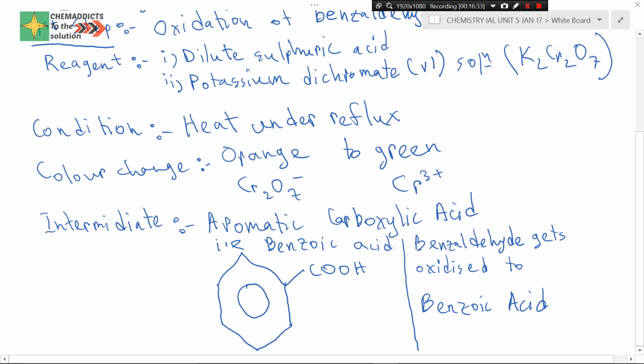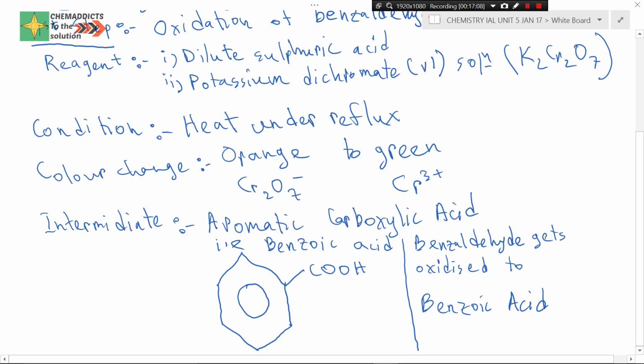It doesn't get involved in the final stage. Intermediate means that it forms and is involved in the reaction, but it won't end up in the final stage. That is why benzoic acid is an intermediate. It forms in the processing stage. That's it.